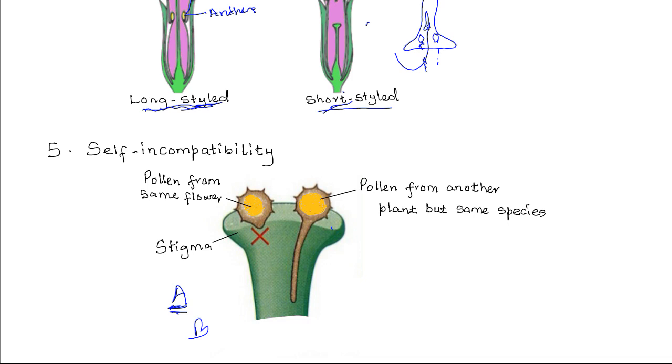So in this particular case here, let's call this pollen grain from variety A, and this is a stigma belonging to the same variety A. And here we have the pollen grain from another variety B. So this pollen grain of variety A fails to germinate on the stigma of the same variety, but the pollen grain from a different variety will germinate on the same stigma.